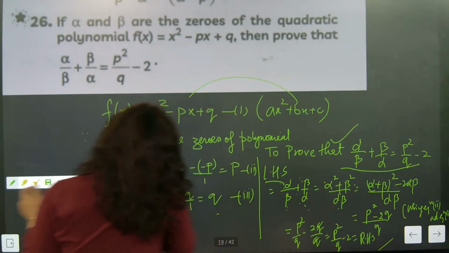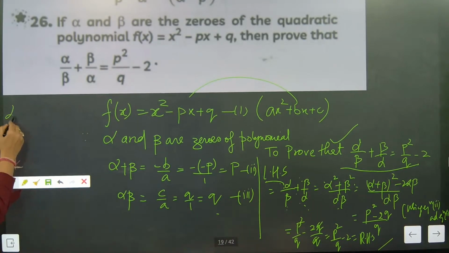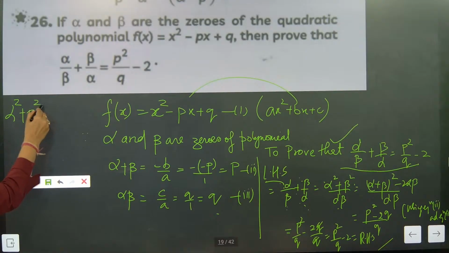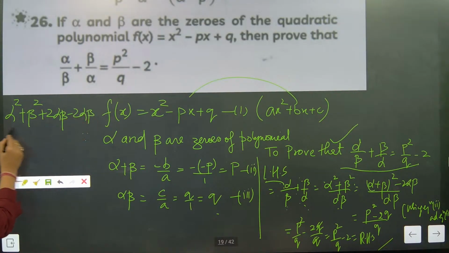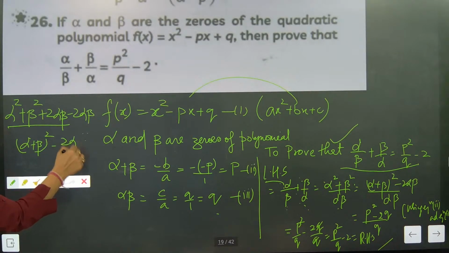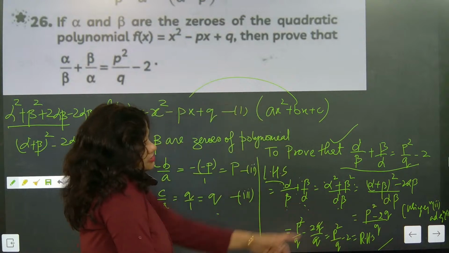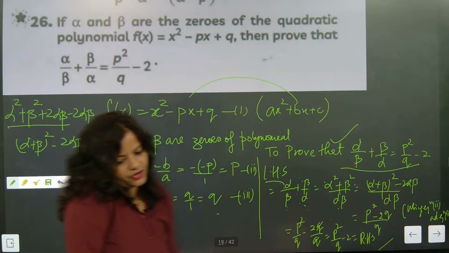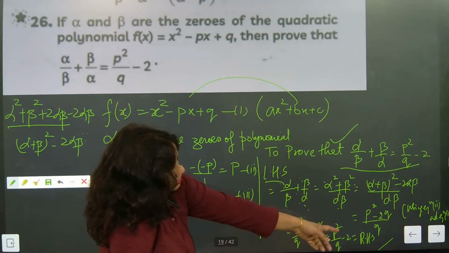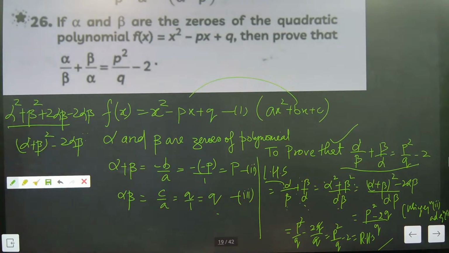As a shortcut, you add and subtract 2 alpha beta. Then you take alpha plus beta whole square minus 2 alpha beta. The moment we have done this, every part is in the form of alpha plus beta and alpha into beta. After that we substituted and we got the answer. I hope everybody understood here.